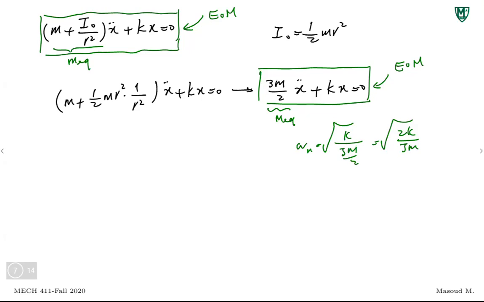So that was an example that was much easier to solve using this method. I encourage you to go home and try to solve this using Newton's method. The good thing about the energy method is that you don't have to worry about whether you take care of the right direction, positive, negative, or whether your free body diagram is right.